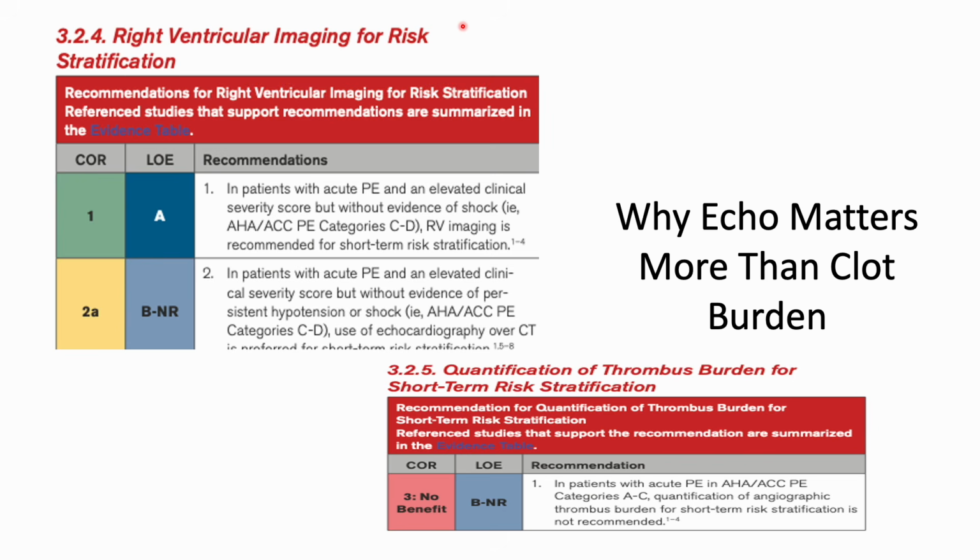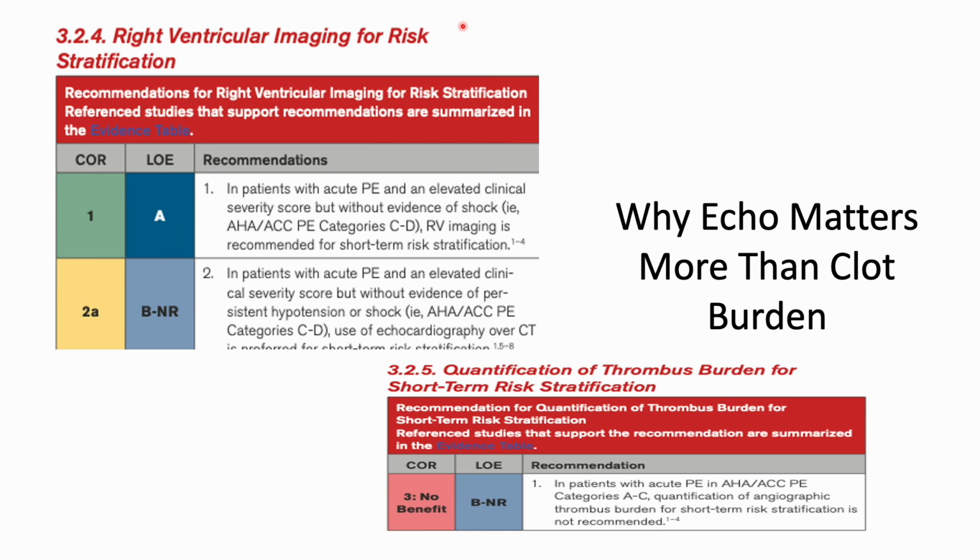So the guideline says that grade 1 evidence, and the level of evidence is A here, very important, that in patients with acute PE and elevated clinical severity score but without shock, like our case with category C to D, RV imaging is recommended for short term risk stratification.